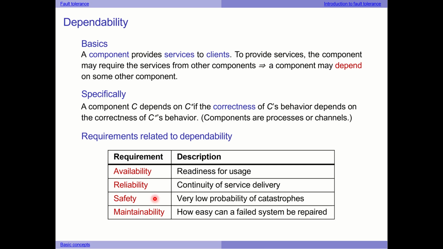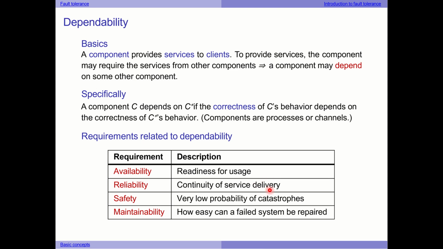Under availability, we can explain it by saying that availability is the readiness for usage, but it must be immediate readiness, meaning readiness to be used immediately. Next, reliability is continuity of service delivery.